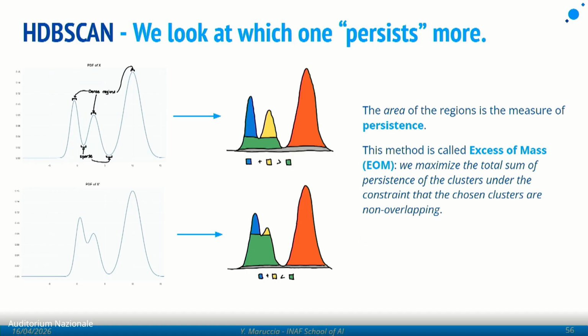And this method is the excess of mass, in which we have to maximize the total sum of persistence of the clusters under the constraint that the chosen clusters are not overlapping, because we have to pay attention to the peaks. We have to not overlap the two curves of the two peaks.